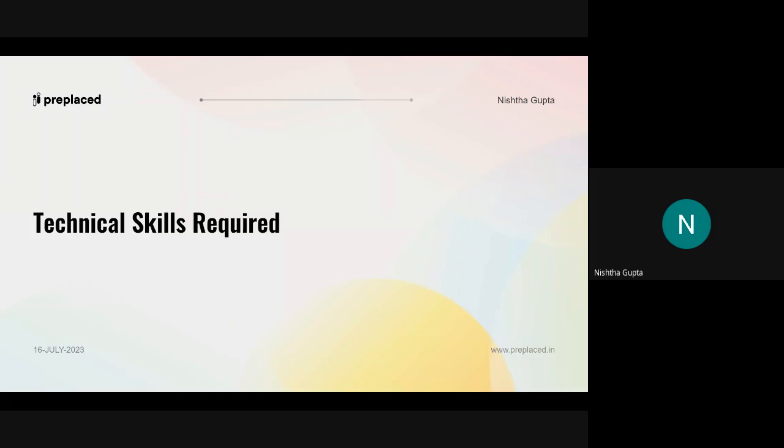as I've got answers to most of the questions through the poll. So first one is the basic mathematics, right? This is something which we have actually studied in class 10th or class 12th, and during the first or second year of our undergrad, we all have studied this basic mathematics, which includes linear algebra and probability and statistics, right?